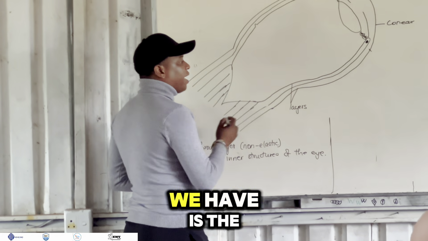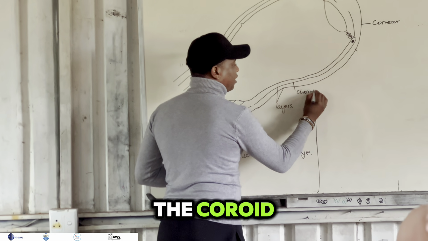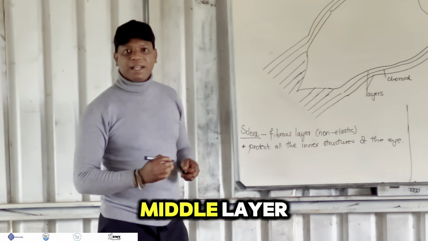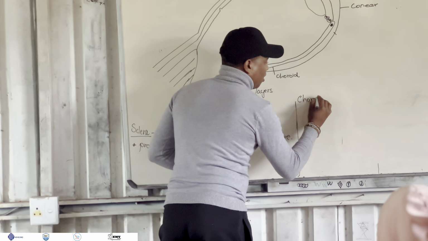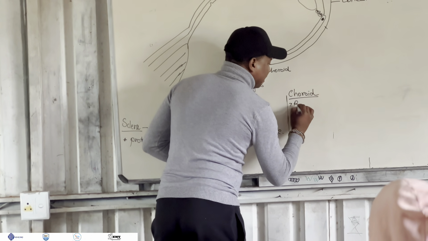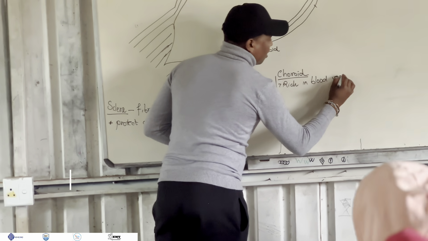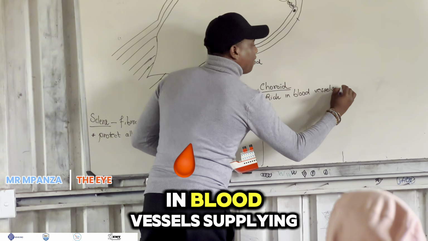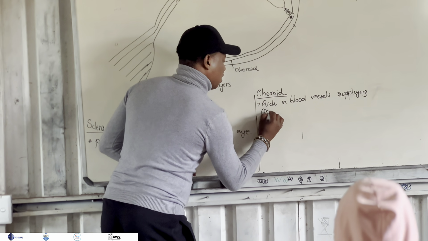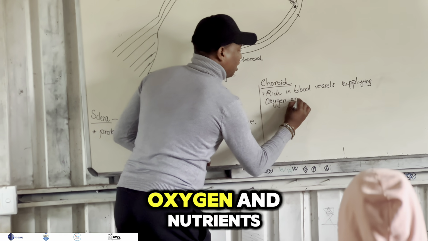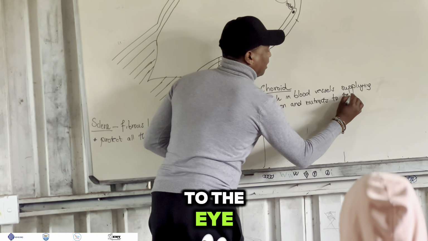The second layer that we have is the middle layer, the choroid. Now, the choroid is rich in blood vessels, supplying oxygen and nutrients to the eye.